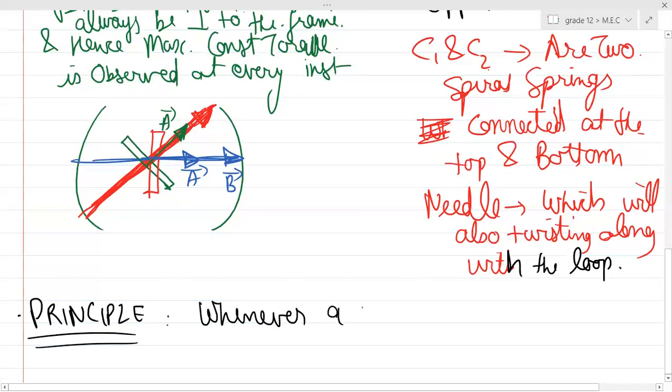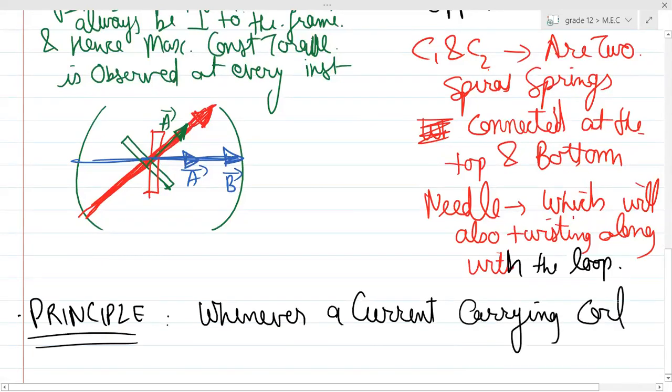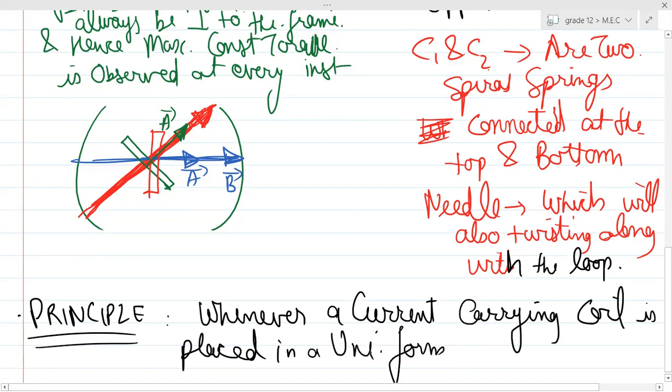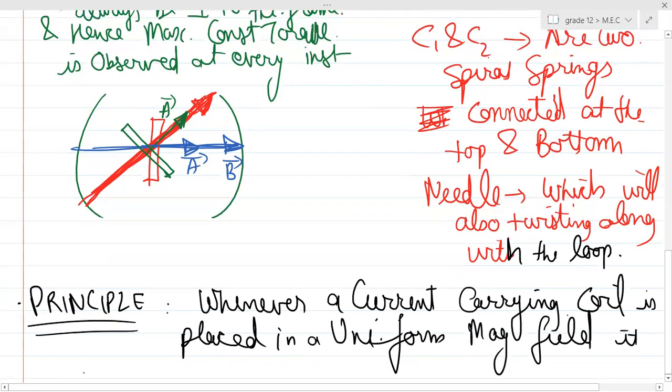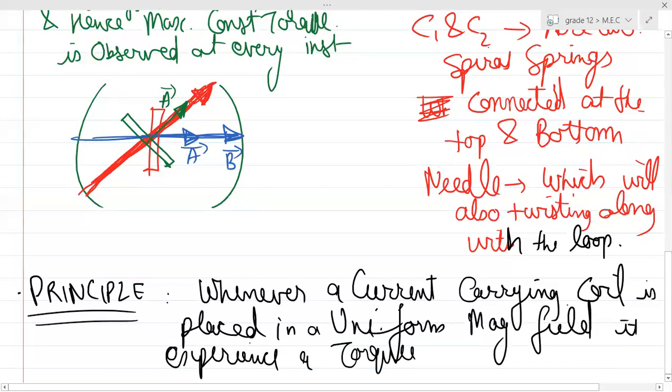Whenever a current carrying coil is placed in a uniform magnetic field, it experiences a torque, which is given by, what is the value of this torque?